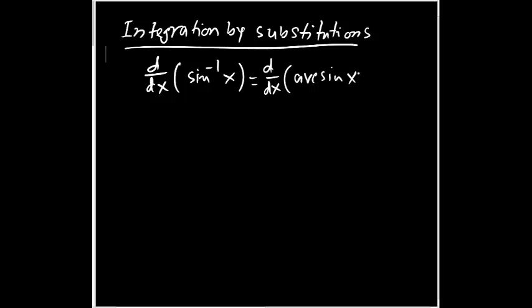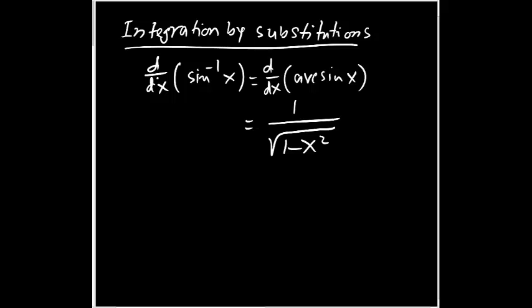We have some other basic formulas now to remember, like when you have the derivative of sine inverse x. For inverse functions, sometimes we also use arc sine. Arc sine or sine inverse, same meaning. This will be 1 over the square root of 1 minus x squared.